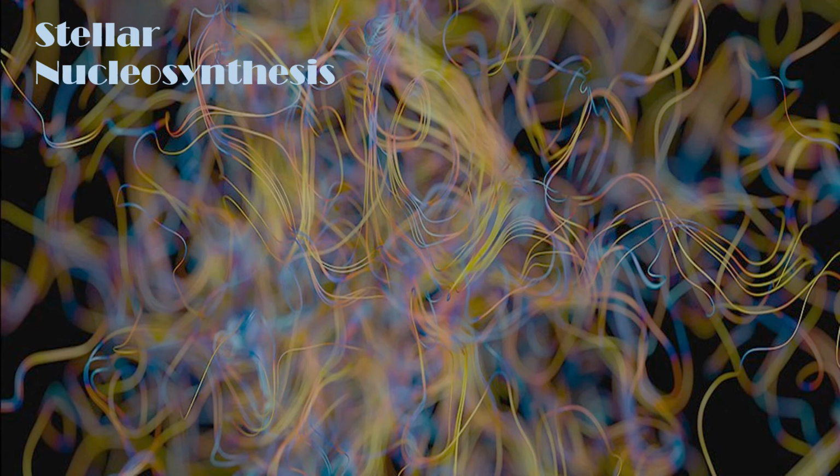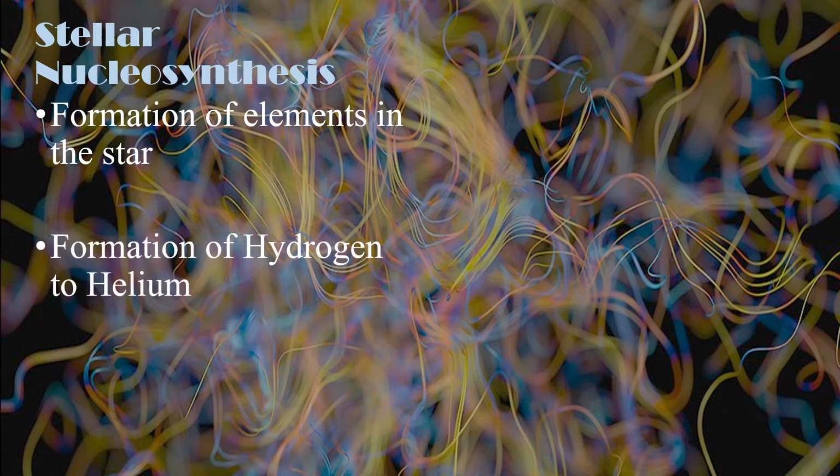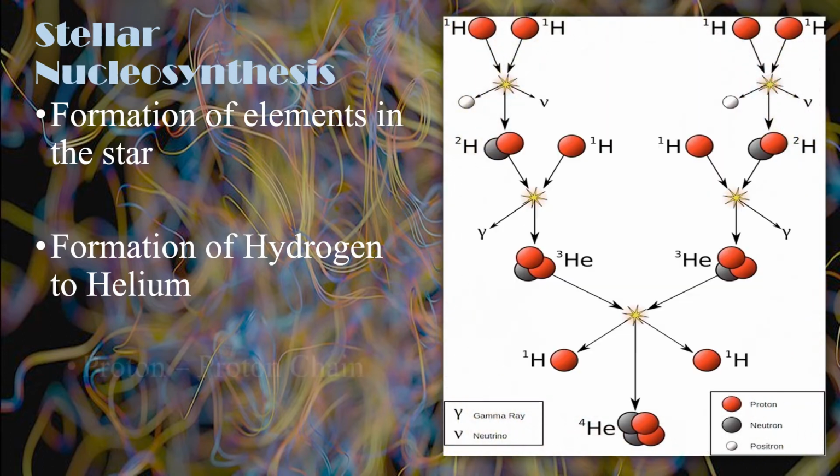Now that we are done with Big Bang nucleosynthesis, let's go to the second type of nucleosynthesis, which is the stellar nucleosynthesis. Stellar nucleosynthesis is the process by which elements are formed in the stars. They form hydrogen and helium, and there is what we call the proton-proton chain.